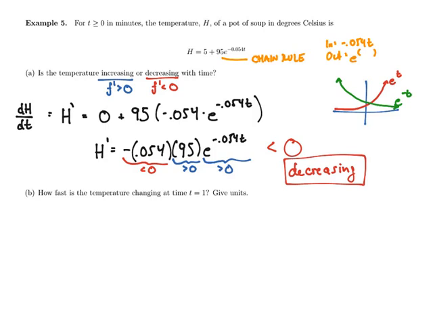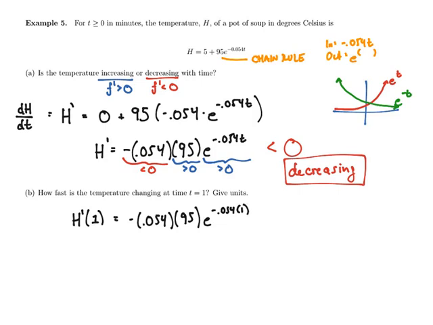And then we can say, how fast is the temperature changing at t equals 1? Well, that's just going to be plugging in 1 into this function, which will be negative 0.054 times 95 e to the negative 0.054 times 1.